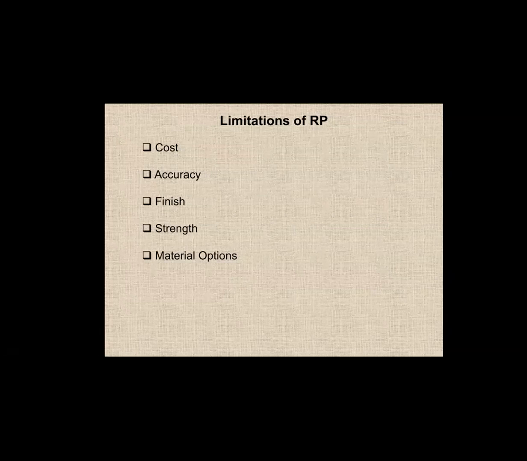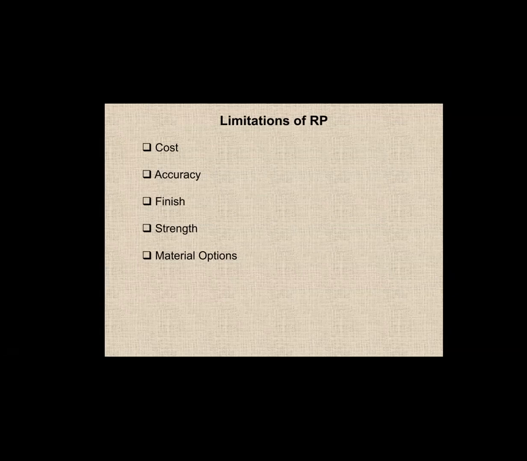So what are the limitations? As we discussed, the cost. We go especially for prototypes. Once a prototype has been developed, our working methodology, rapid prototyping, is different from additive manufacturing. In additive manufacturing, we have direct functional goods.